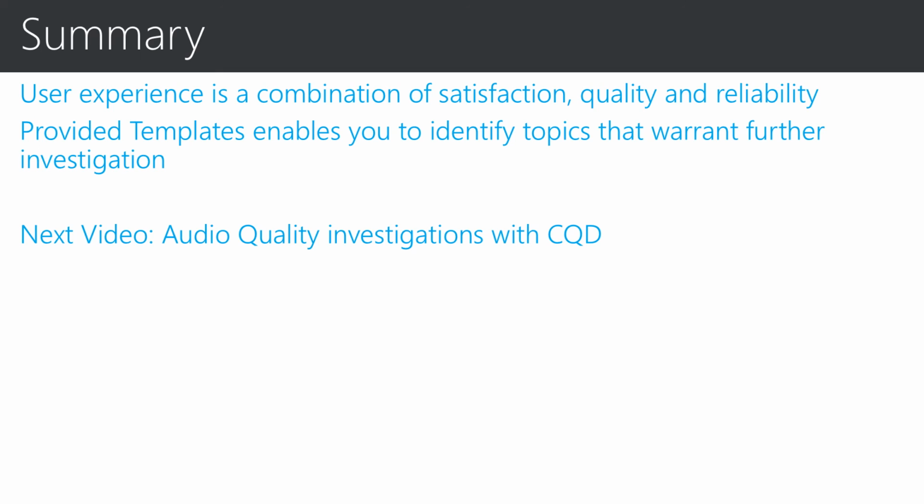In our case, we've been able to identify a single building that needs further investigation. So the next step is really to go to the next video, which is audio quality investigations with CQD, which will walk you through the process, once you've identified a particular area to start with, to dig into that further and identify what's causing issues in that particular area of the network.